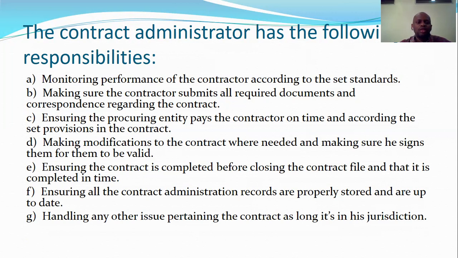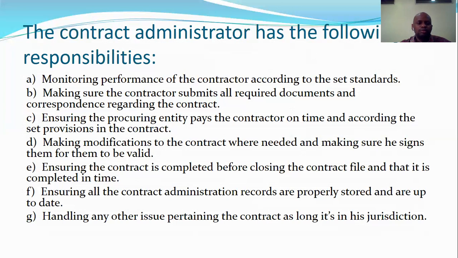They also ensure that the procuring entity pays the contractor on time and according to the set provisions in the contract. So payment is one of the aspects that is very critical in any organization. Therefore, the contract administrator must be able to ensure suppliers or contractors are paid early.